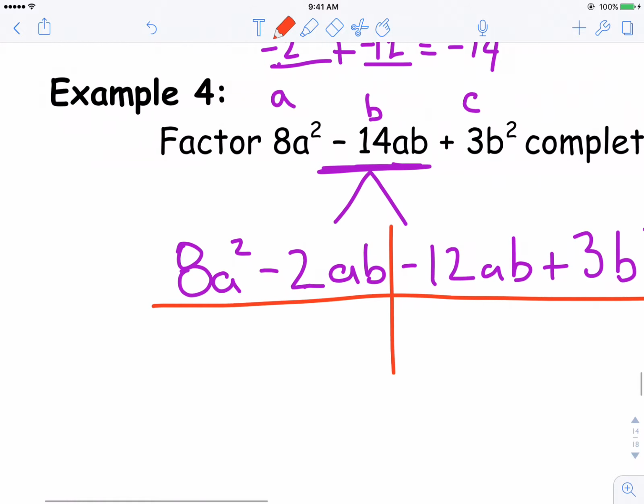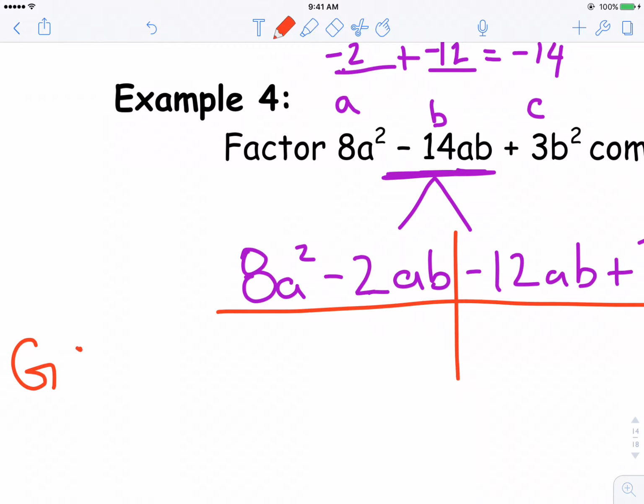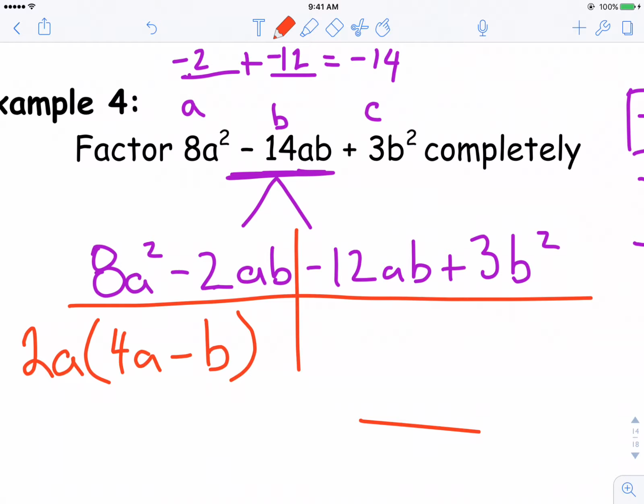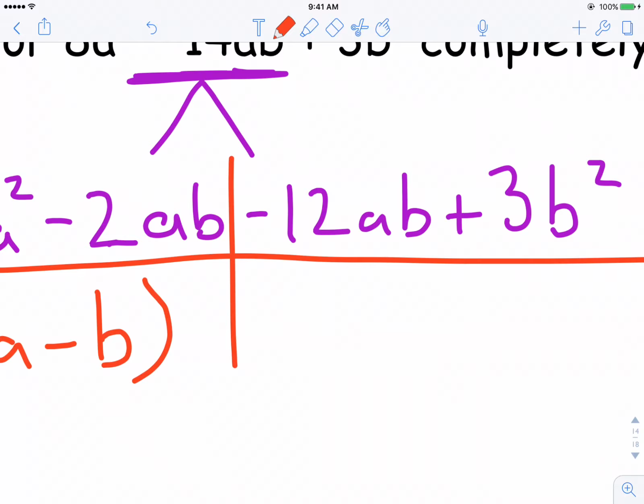Make two groups. Find the greatest common factor of the first group, 8a squared and minus 2ab. Well, they're both going to divide by 2. They're both going to divide by a. This is going to be 4a minus b. Over here, again, remembering that rule I told you, if this is negative, factor out a negative value, chances are it's going to have to happen.